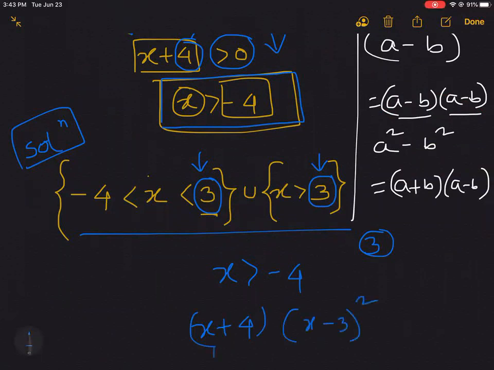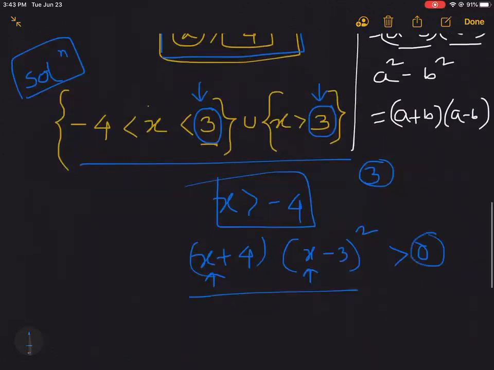Whatever you plug in here in place of x, it will always be greater than 0. You can just give it a try. Just take a value randomly from this, other than 3, and it needs to be more than negative 4. Just give me a number, and you will see the product will be greater than 0. Whatever you take.